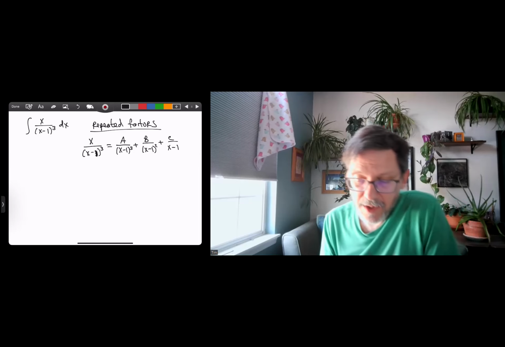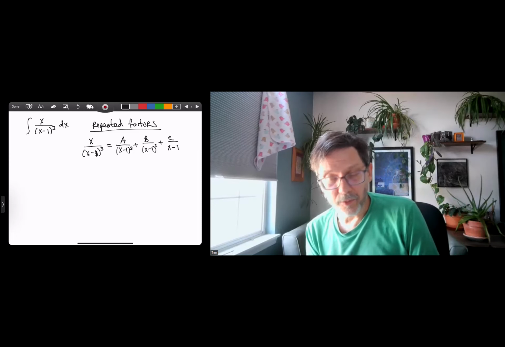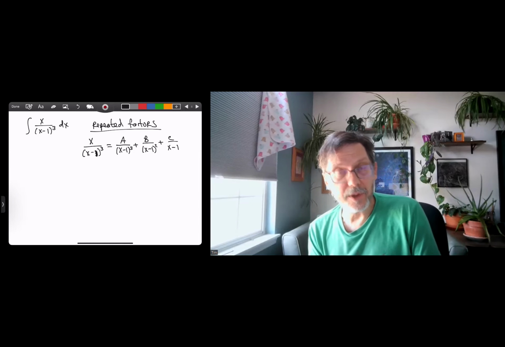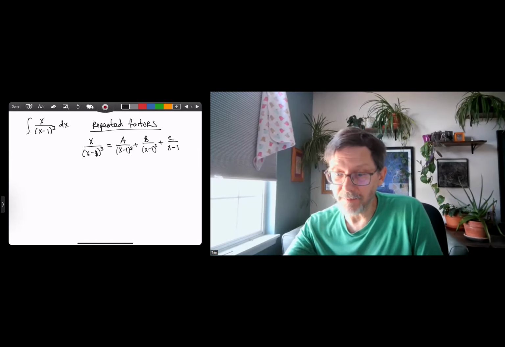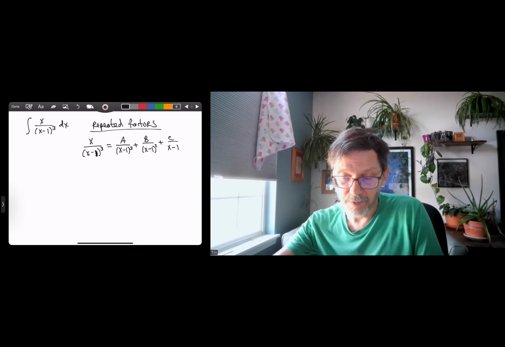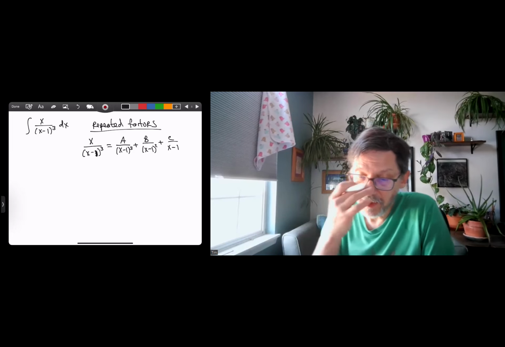So check that out. This fraction on the left, the x over x minus 1 cubed, could have come from this sum, and I have to allow for that sum because it's going to turn out that a, b, and c are not all going to be, well, they're not all going to be 0. Clearly, if they were all 0, we'd have a real mess here.